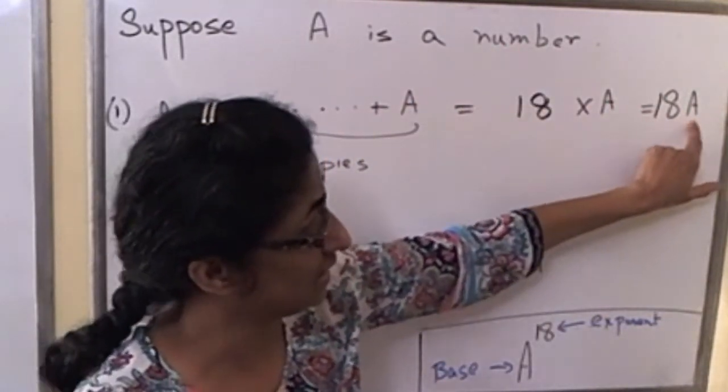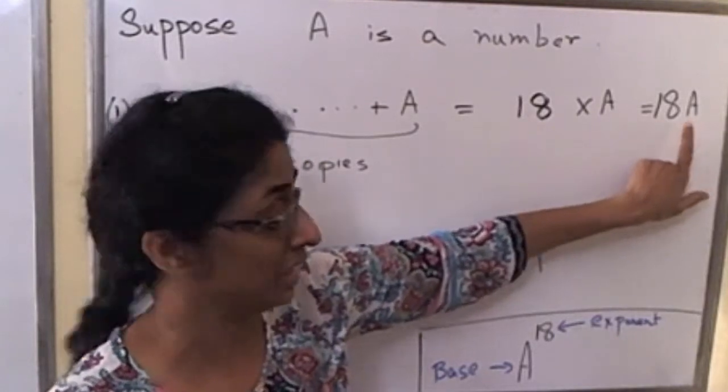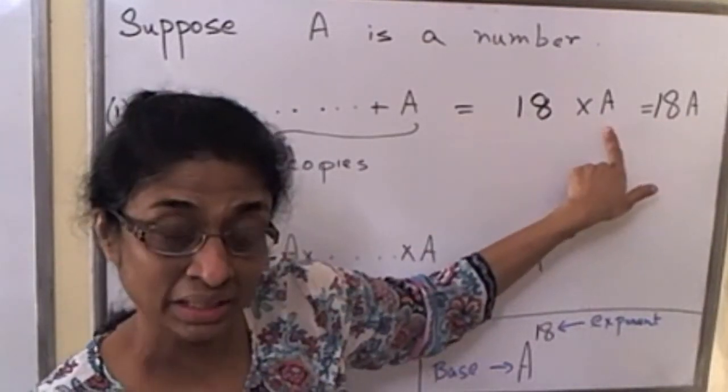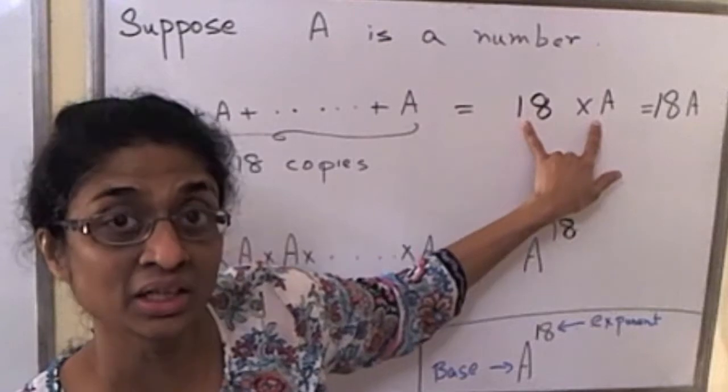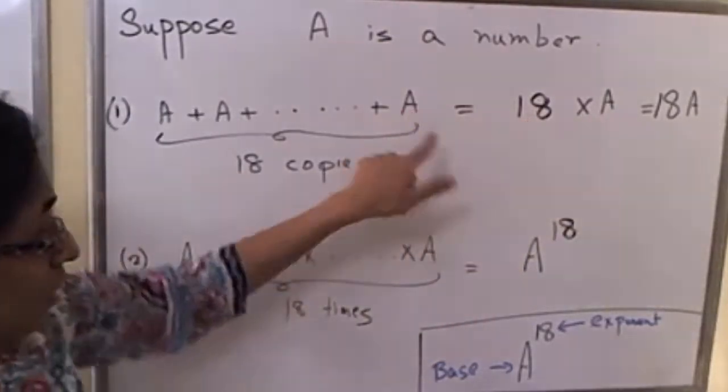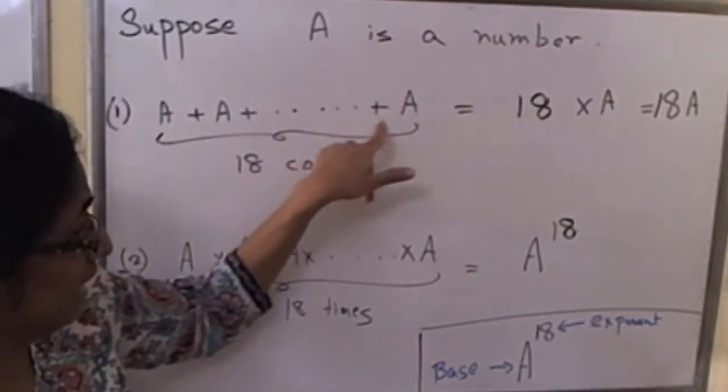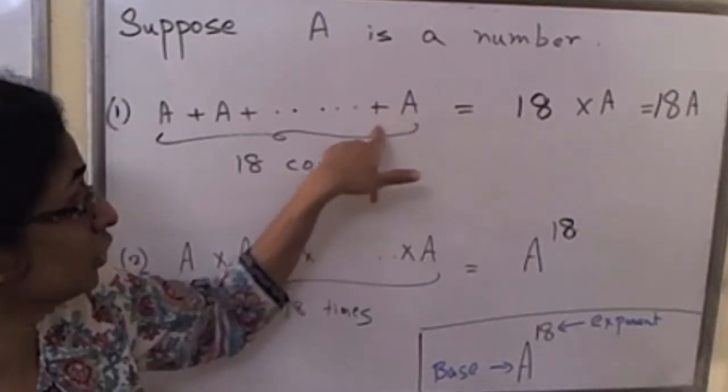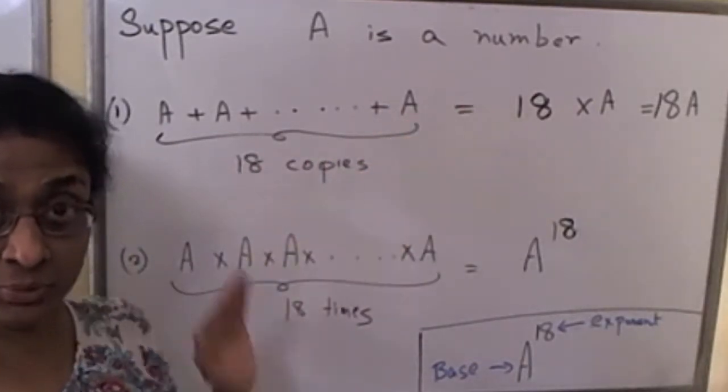We simply write it as 18A, and the understanding is that 18A means 18 times A. And once again, 18 times A is simply a shorthand notation for 18 copies of A added to themselves. So this is something you're pretty familiar with, I hope.